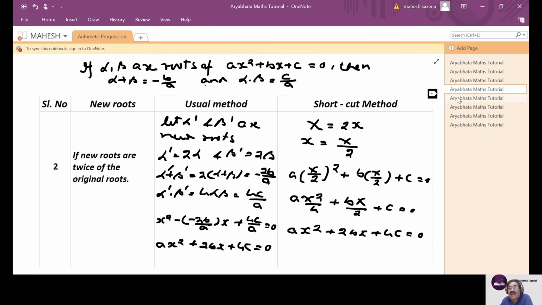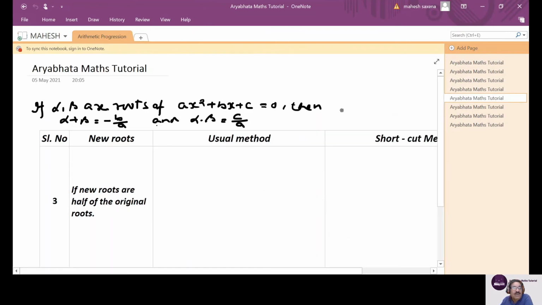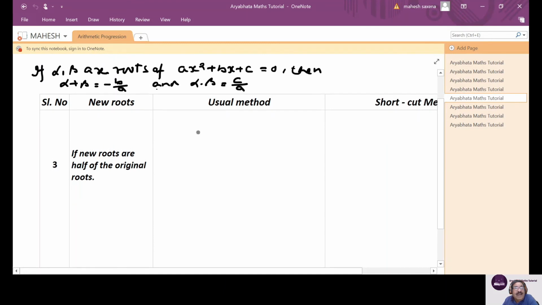Now we take the third example. In the third example, let the new roots be half of the original roots. Again, let alpha dash and beta dash be the new roots.